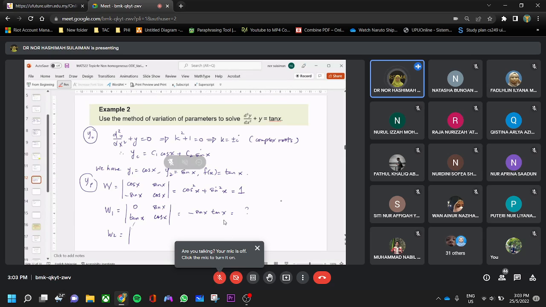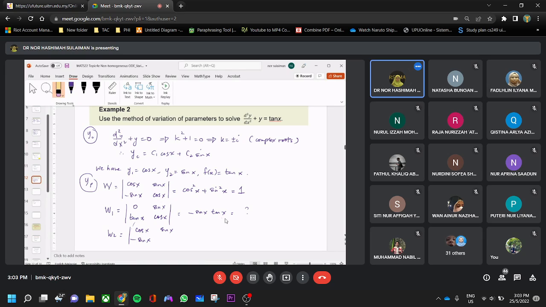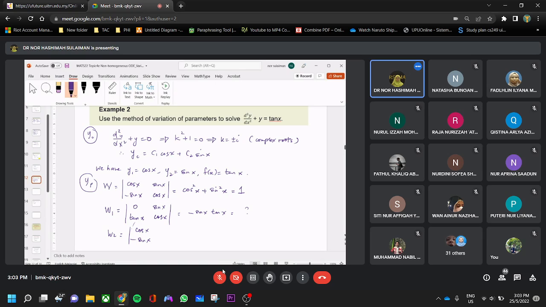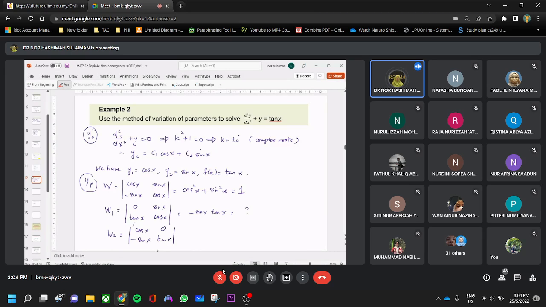Alright, so kita ada cos x negatif sin x, sekejap, salah. Sepatutnya apa? 0. Yes, 0, tangent x. So ni akan dapat apa? Ini akan dapat apa?